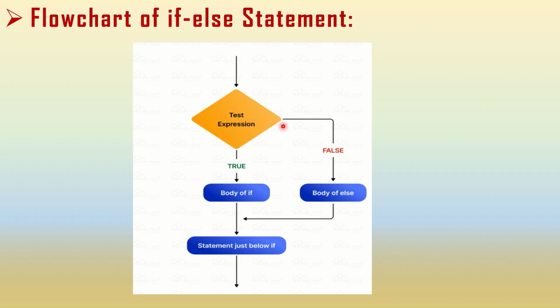If the condition becomes false, the body of the else block of statements will be executed. So simply, if the test expression becomes true, the statements under the if conditional statement will be executed. Otherwise, the statements under the else conditional statement will be executed.